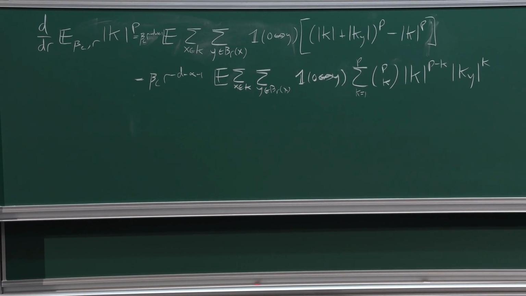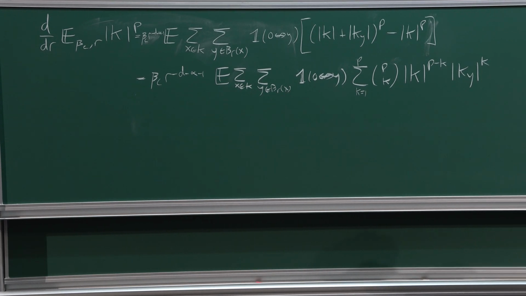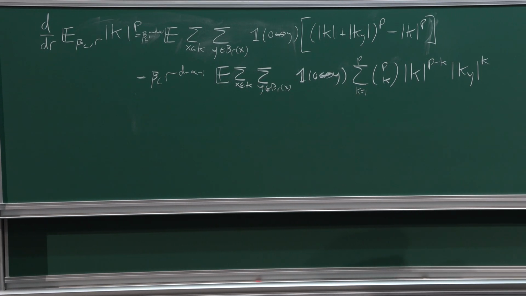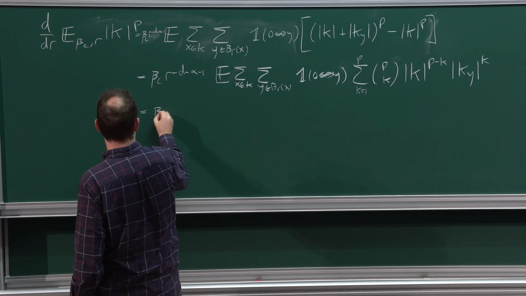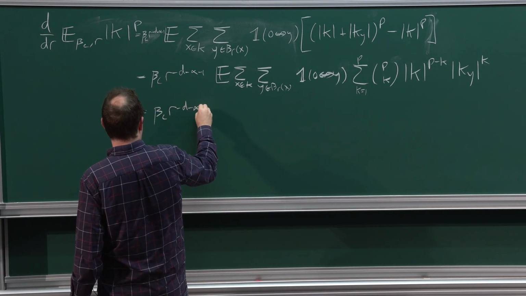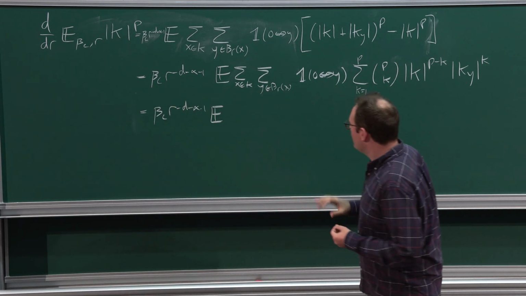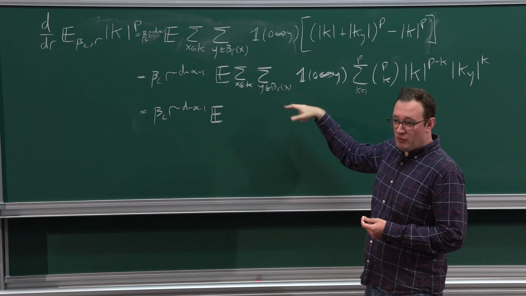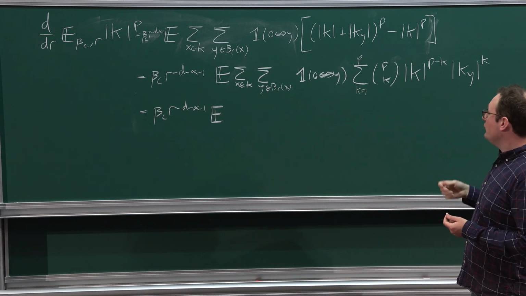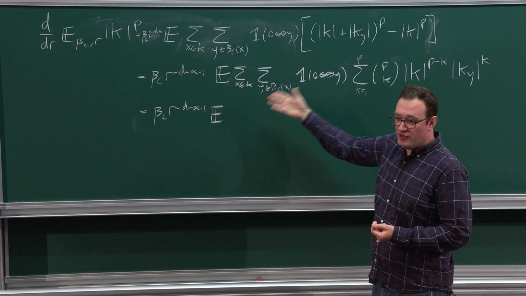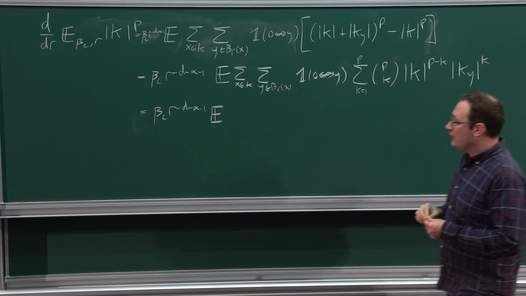Now, what we're going to do is the same trick that we often do to exchange the role of x and the origin. So if you do that, what do you get? Well, y will now be summed over the ball of radius r around the origin, just B_r. And x is now summed over the cluster and doesn't appear anywhere else, so it's just giving you another copy of the size.